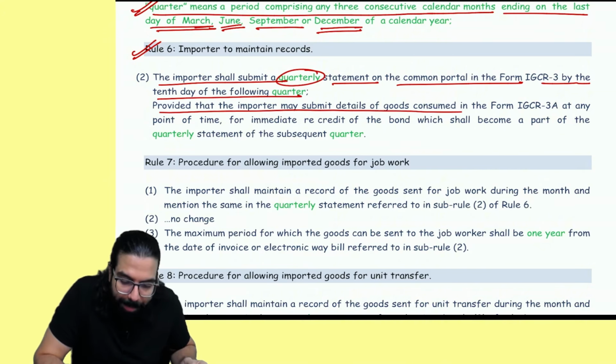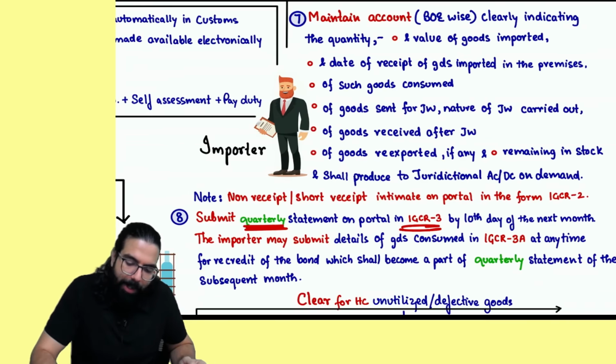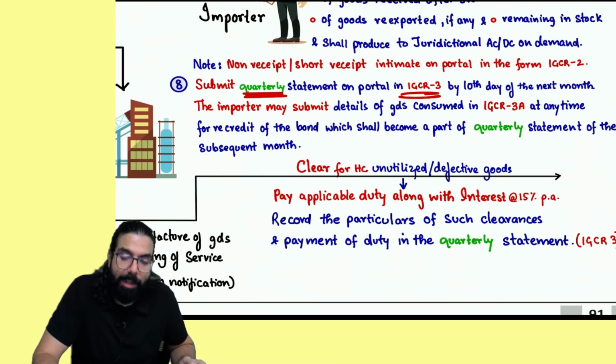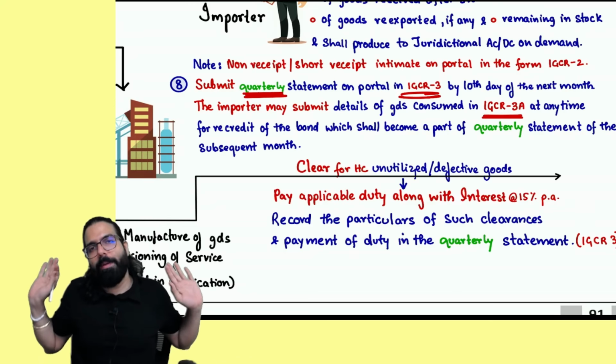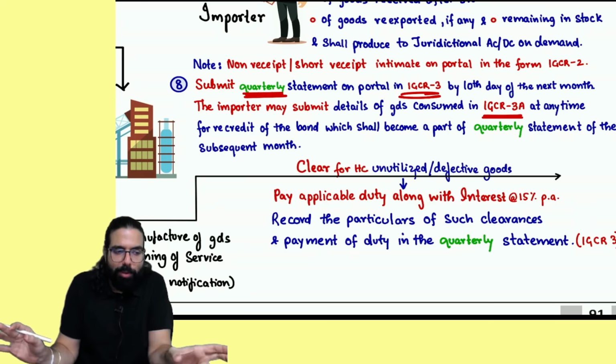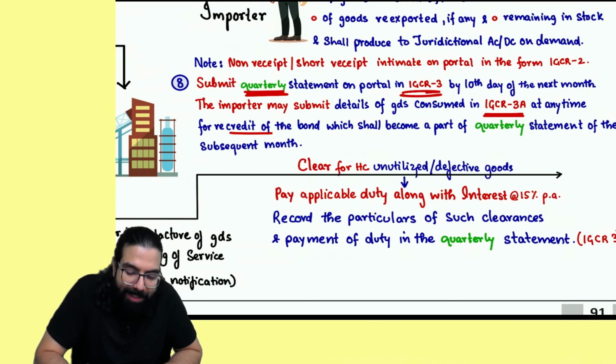Provided that the importer may submit details of the goods consumed in IGCR 3A. I told you over here. Sir, whatever goods you have already consumed, you can mention the details in IGCR 3A. Sir, I have already done the consumption as per the concessional rate of duty you have given, saying you have to do this. I have already done this. So whatever bond amount is there, please recredit.